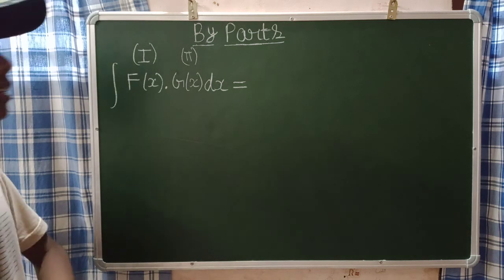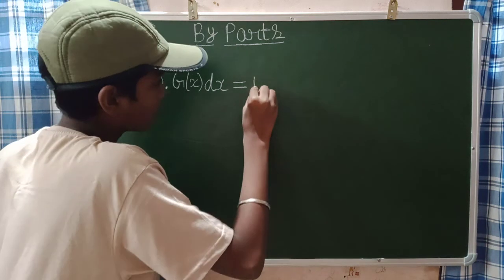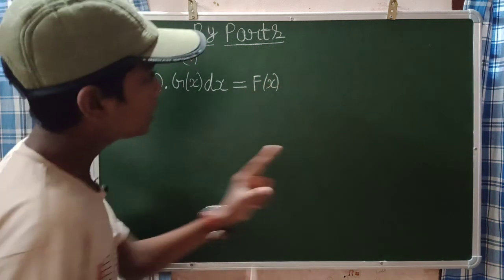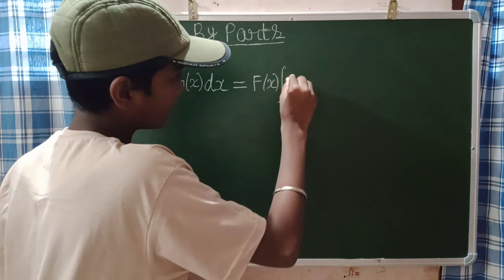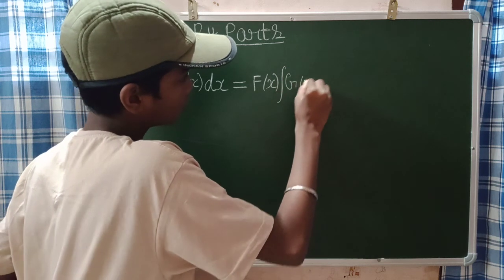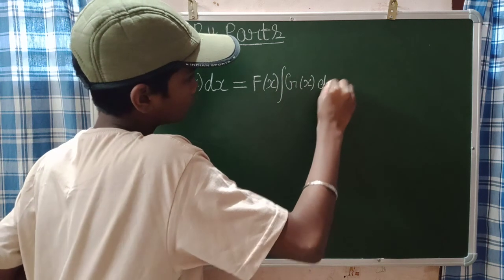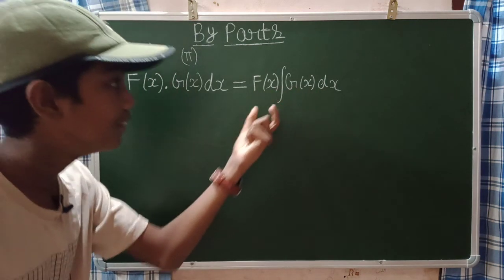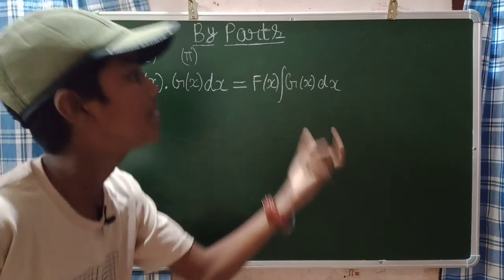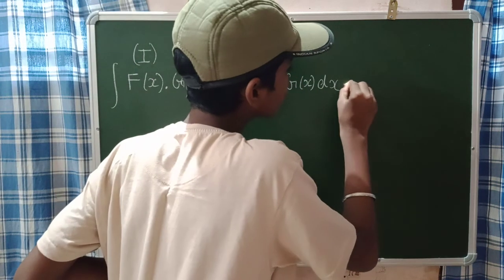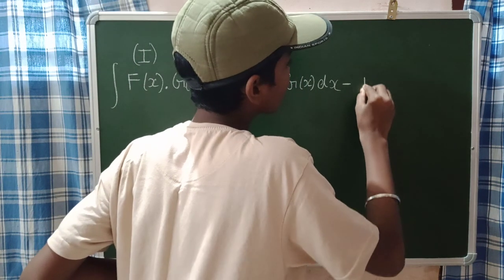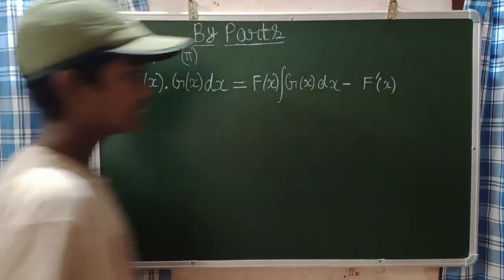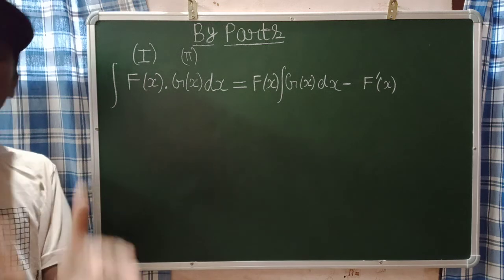Listen carefully, guys. First function, which is f of x, into the integral of the second function, which is the integral of g of x dx, then minus the derivative of the first function, which is the differentiation of the first function.